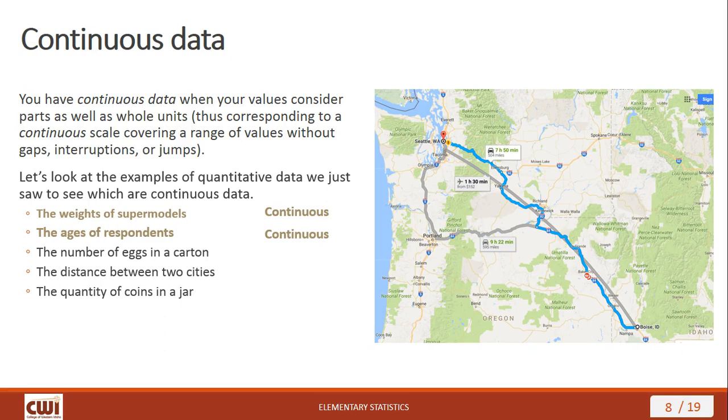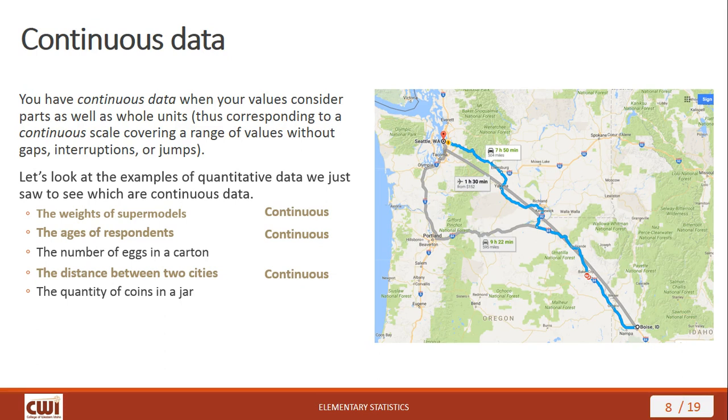Number of eggs in a carton, well, that's discrete data. You're counting only whole numbers. You don't count partials, so therefore you're not going to say that the number of eggs in a carton is continuous data. The distance between two cities. This is an example of continuous data because you're going to use a portion as well as a whole unit to describe the distance.